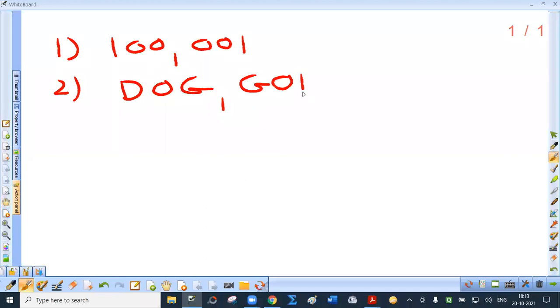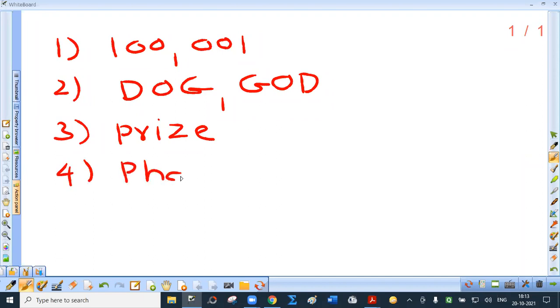There are few people who see God in dog, but DOG and GOD are different arrangements. Then, prize distribution, where order is important, and standing or sitting in a row for a photograph. P for permutation, P for photograph, P for prize distribution. So in general, for any ordered arrangement, we have to use permutation.